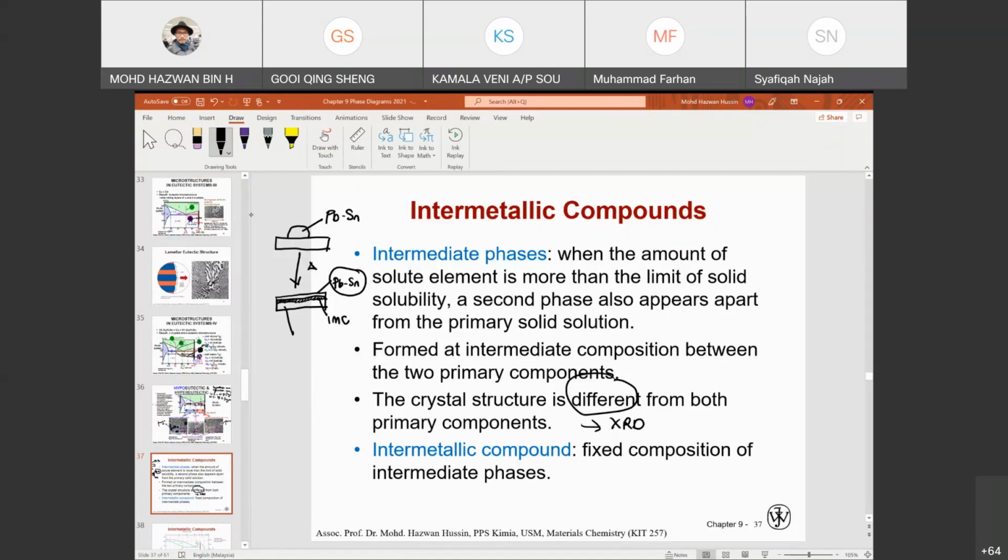For example, your substrate here is copper. It will give a different crystal structure. And if you beam the X-ray over here at the intermediate region, you will see the crystal structure also behaves differently. Okay, so intermetallic compound actually forms at the fixed composition of the intermediate phases.